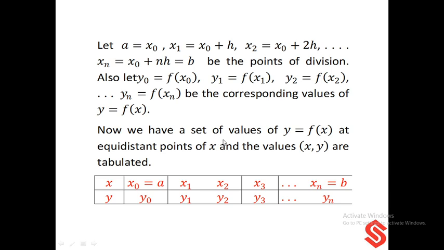So now we have a set of values of y is equal to f of x at equidistant points of x, and the values x comma y are tabulated. So this is the table where you have the values of x and y. So here x naught is equal to a, x1, x2, x3, etc., xn is equal to b, and the corresponding functional values y naught, y1, y2, etc., yn.